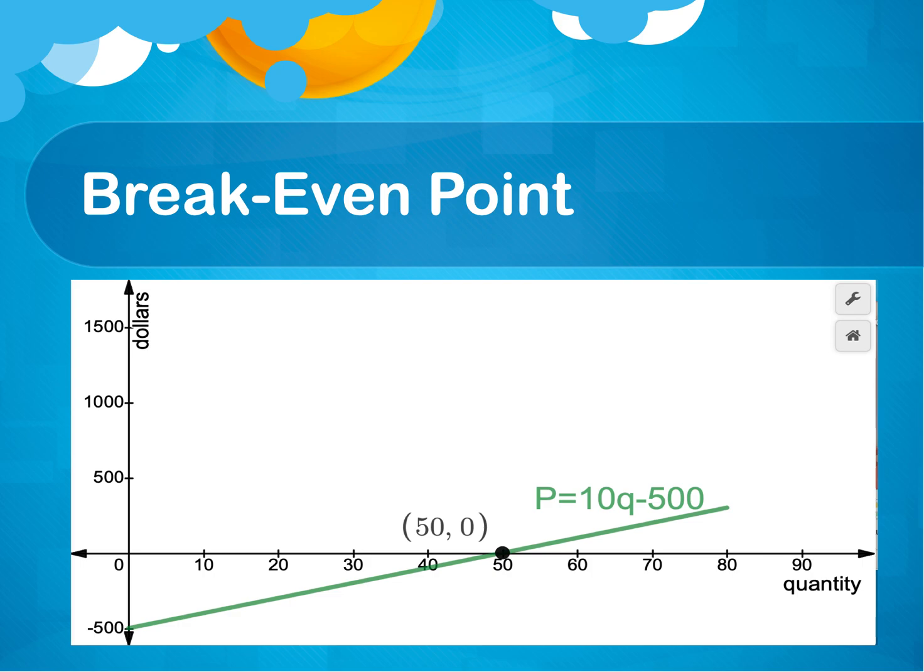So we have 50, 0. So at a production and sales of 50 items, we would actually have a profit of $0.